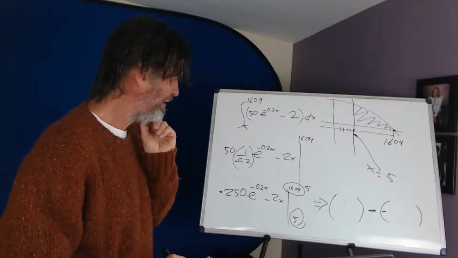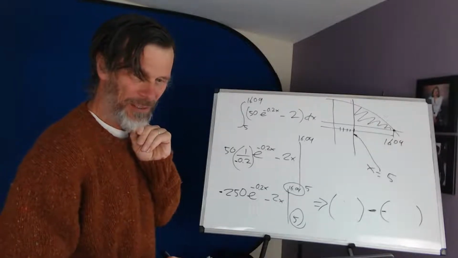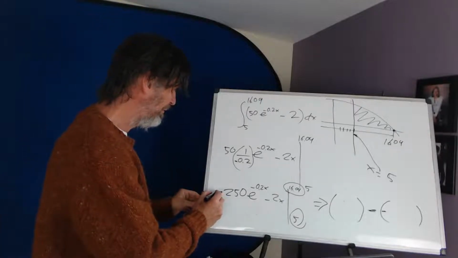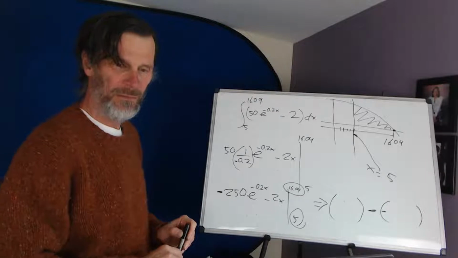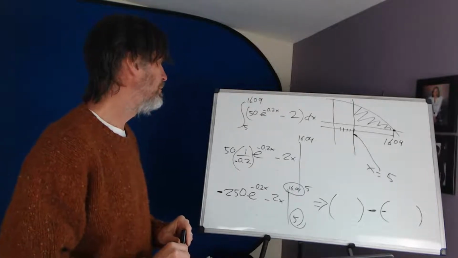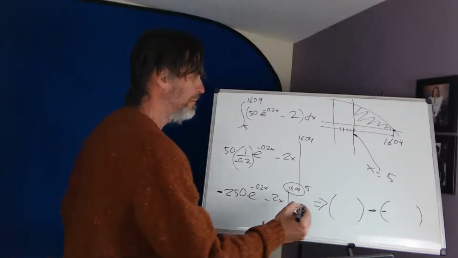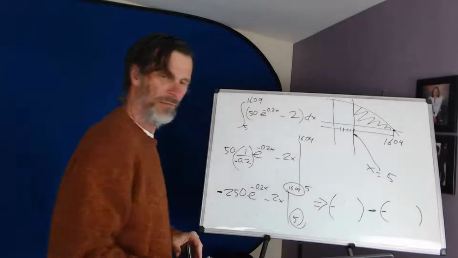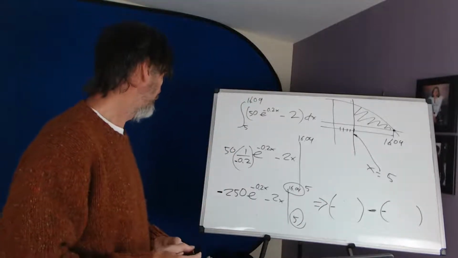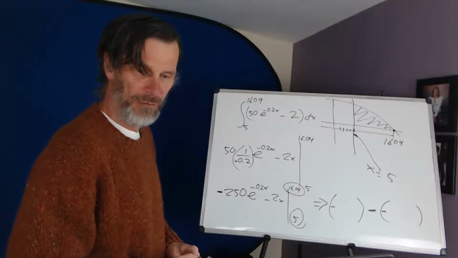What values are we going to get for each of those?